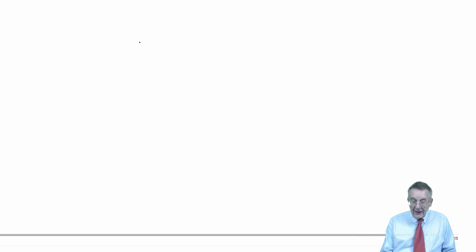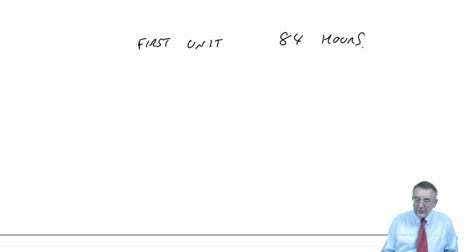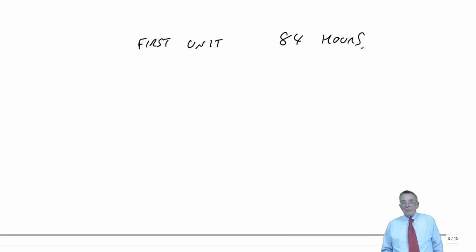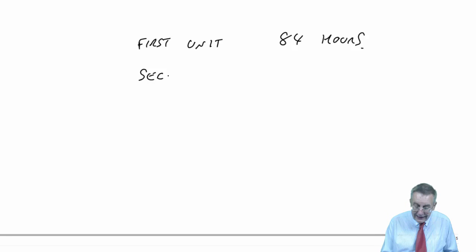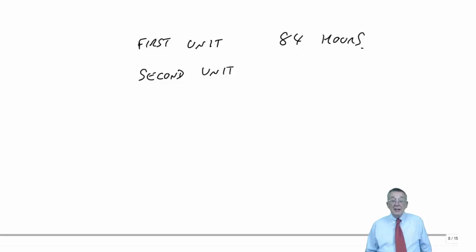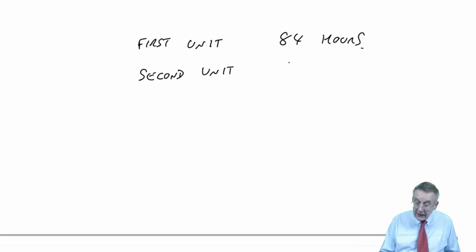Suppose I tell you the first unit took 84 hours. I then got my people to make a second unit. And as you'd expect, the second unit is faster. The second unit takes 60 hours.